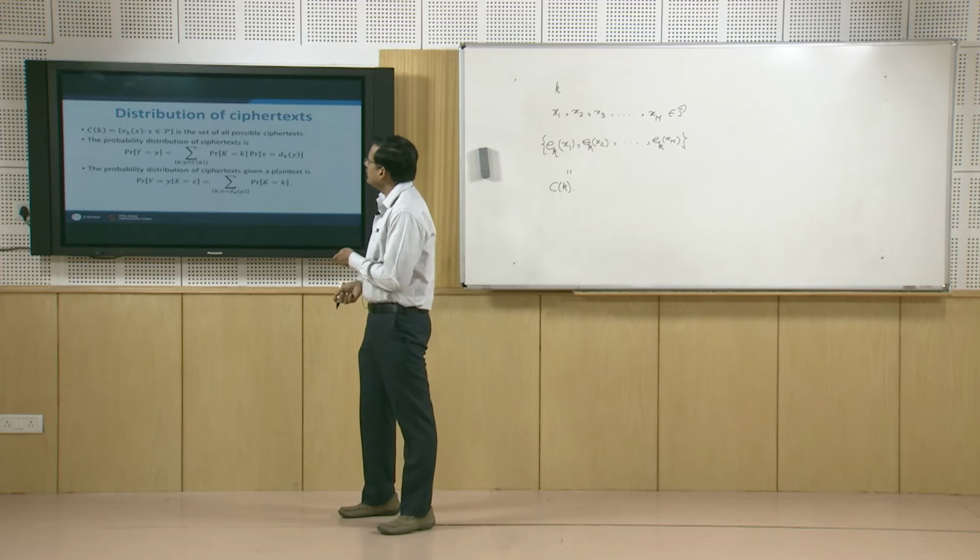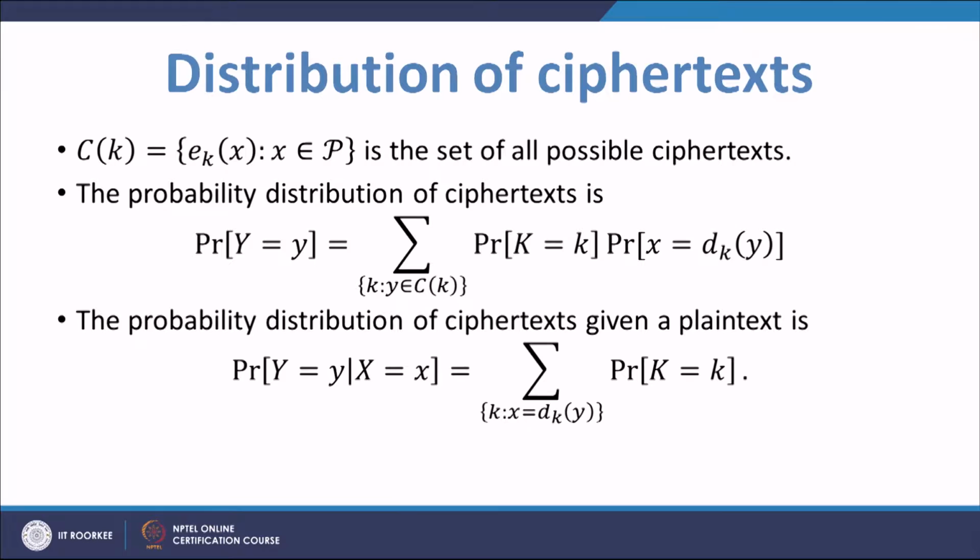And now the probability distribution of ciphertext is: probability Y equal to small y equal to summation. Now, this is a product of two probabilities, probability K equal to small k into probability X equal to d_k(y), where k runs over the set such that y belongs to C_k.